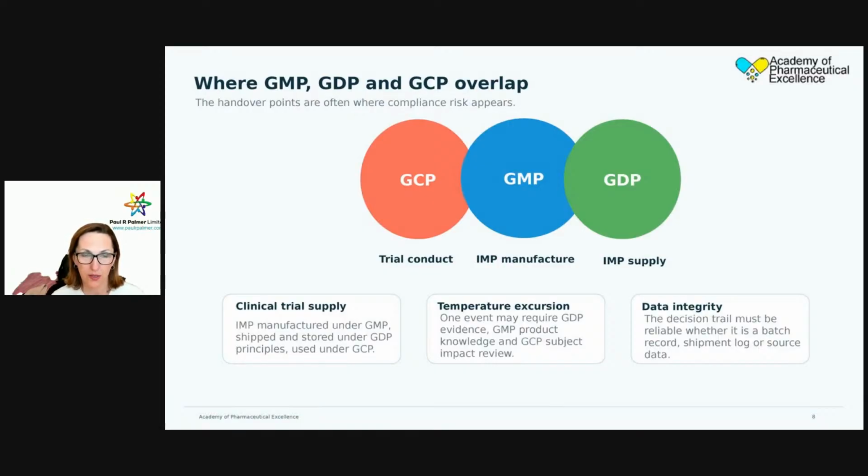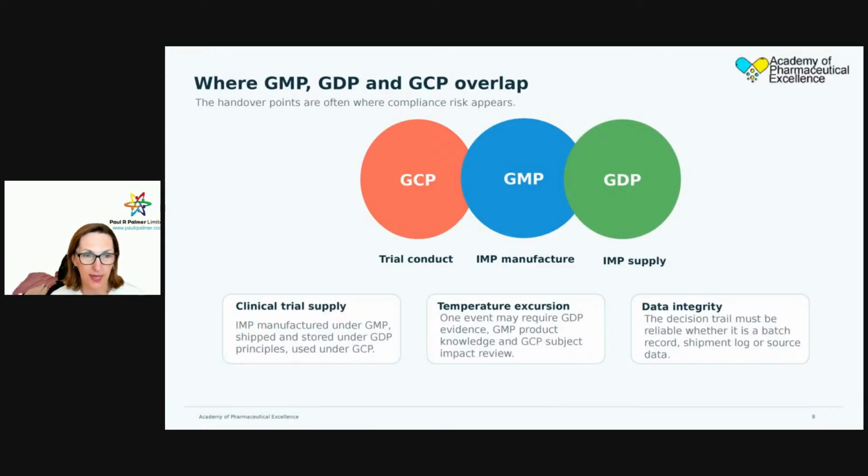GCP assessment may be needed to consider whether any trial participants were affected, whether dosing was impacted, and whether a protocol deviation and safety concerns now exist.